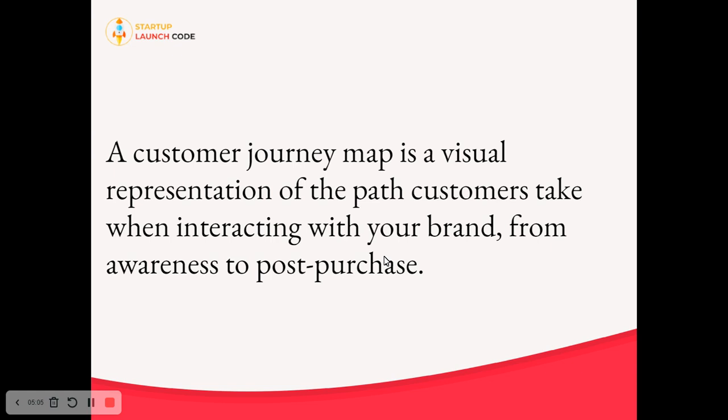Putting that into context, a customer journey map is just a pictorial or visual representation of those steps or paths that customers take when interacting with your product, from the first point of contact till after purchase. That is the short definition and explanation of what is meant by a customer journey map.